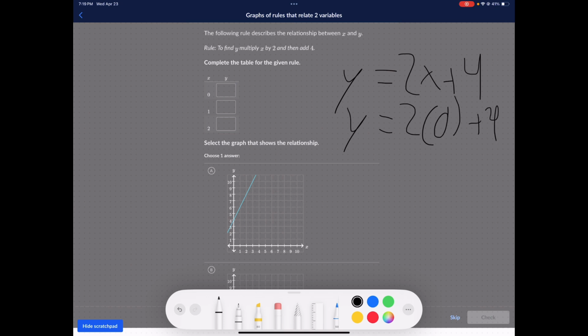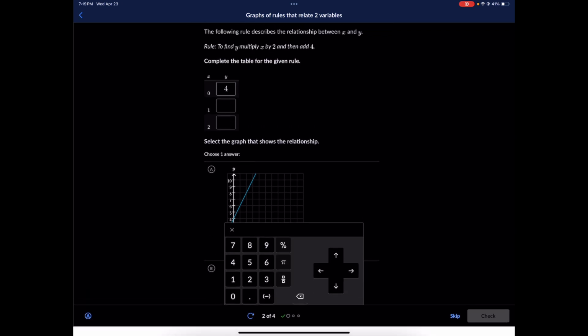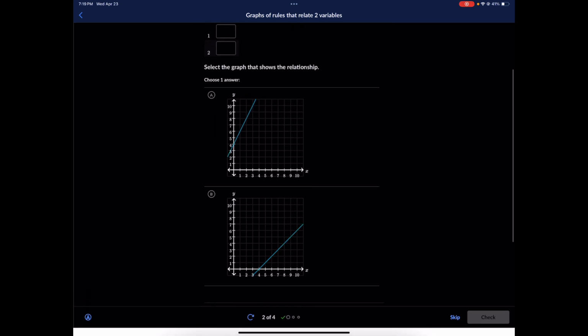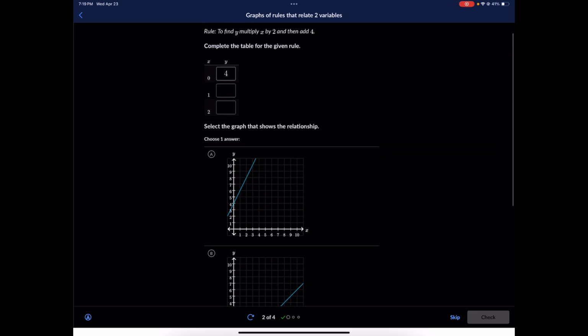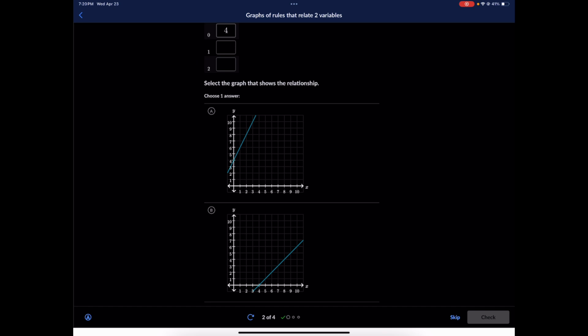What is anything times 0? 0. And now we have plus 4. What's 0 plus 4? 4. Now notice here, 0, 4, correct? We just figured out that that's our y-intercept in A. So what does this mean? Well, if you say A is our answer, ding, ding, ding, you got it.